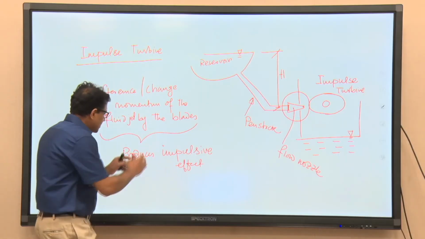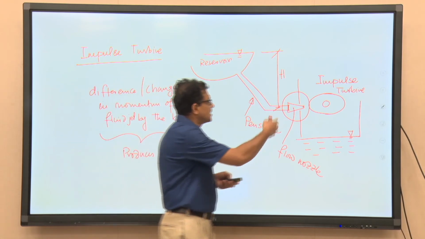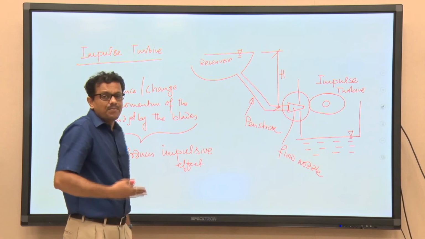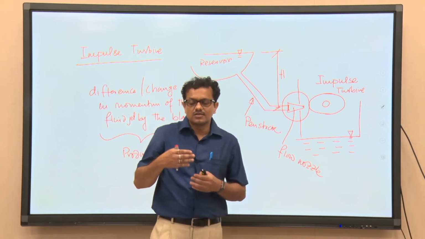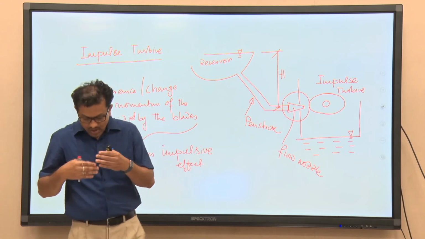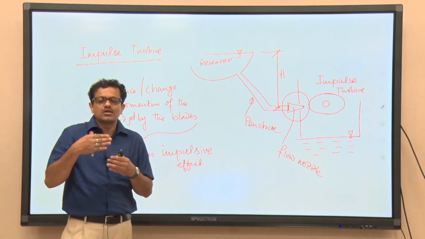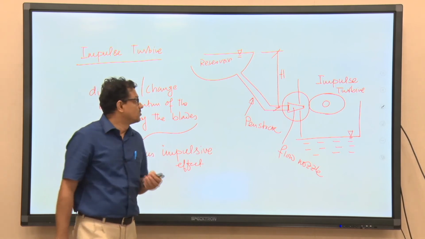Fine. So, this impulsive effect is responsible for the rotation of the runner, and that is how it is known as impulse turbine. An example of impulse turbine is the Pelton wheel. I can say the Pelton wheel is the only hydraulic turbine of impulse type which is most commonly used.